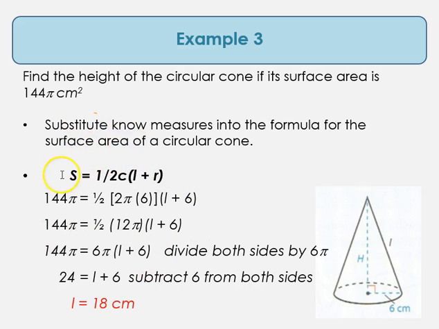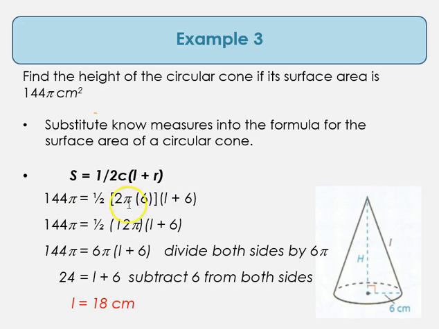So let's look at our formula. Here it is, S equals 1/2 C times L plus R, and we'll substitute our known values. We have total surface area already, which is 144 pi. We have 1/2, and circumference is 2 pi r. So 2 pi, and the radius is 6. So there it is, times slant height plus radius. So slant height is L, because we don't know what that is yet, plus the radius again of 6.